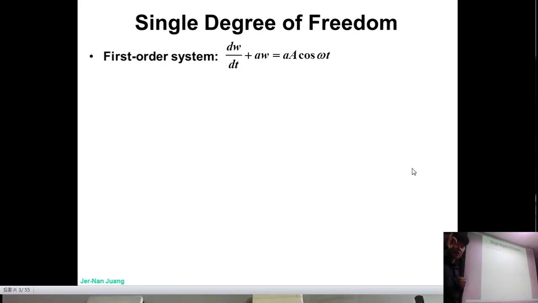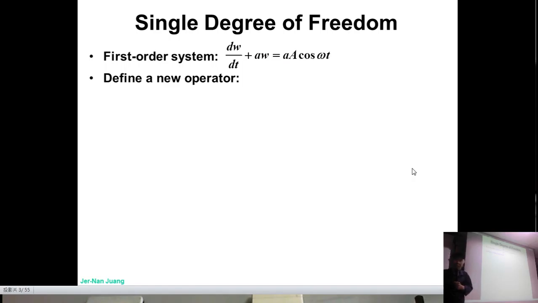The small a there belongs to the system. The larger A here really belongs to your input force. So they do represent two different constants on two different sides. One is on the left hand side, that's the system side. One on the right hand side, that's your input side.